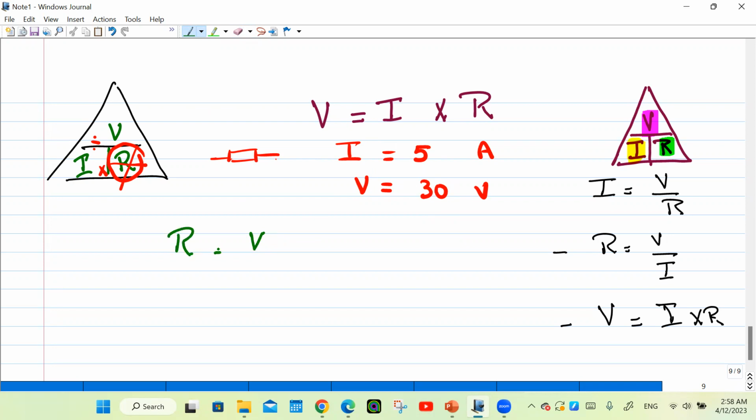So the resistance will be the voltage over the current. It will be 30 over 5, which is 6 ohm. I hope this part is very simple for you.